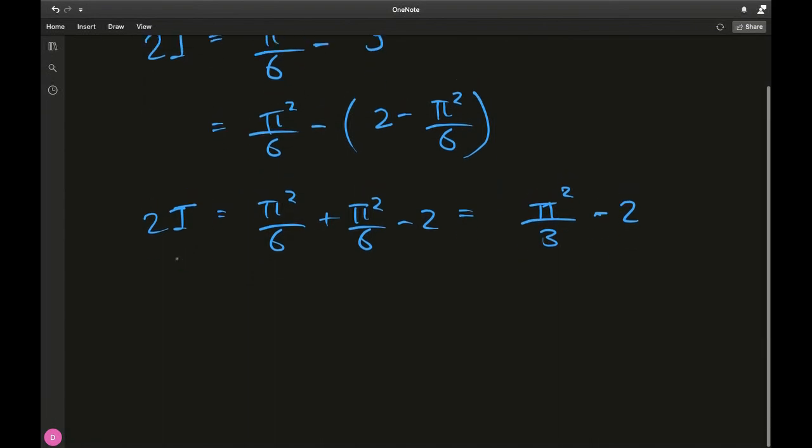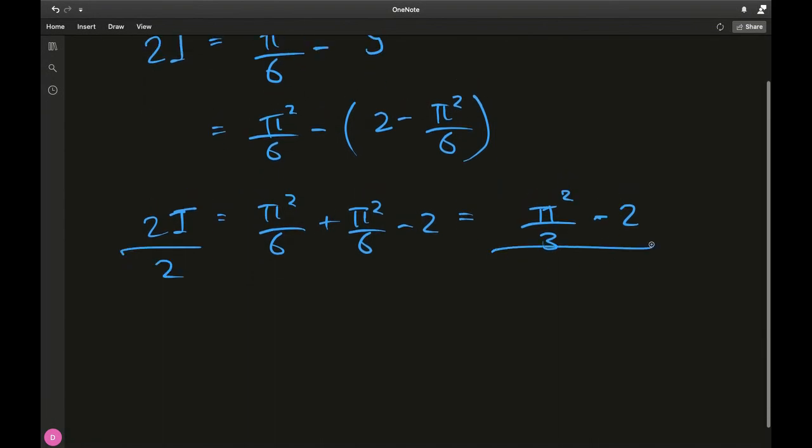So why not divide both sides by 2? So these two cancel out. So I is nothing but pi squared over 6 minus 2 over 2, which is 1.